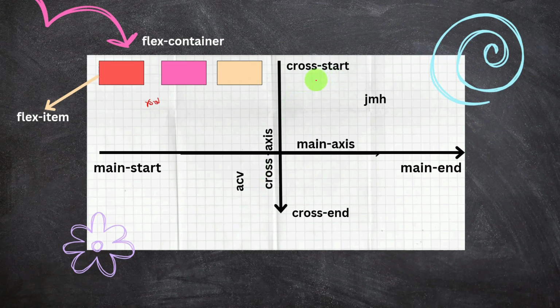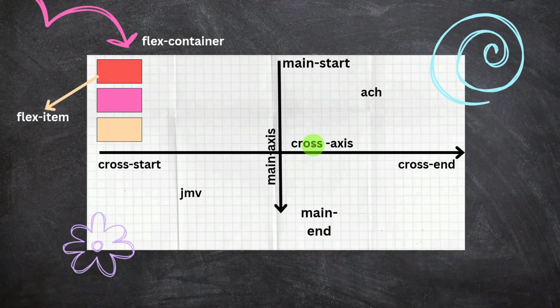Starting will be called cross start and ending will be called cross end. These words which I am highlighting, J, M, H and ACV, I will explain in a minute once we see flex properties. Using these words, you will be able to remember all this concept.